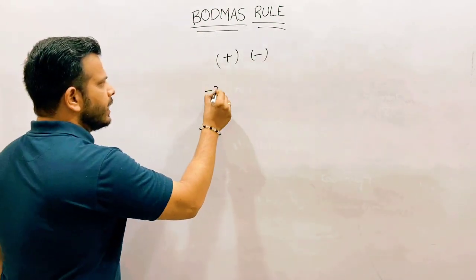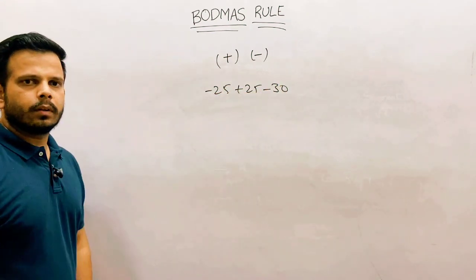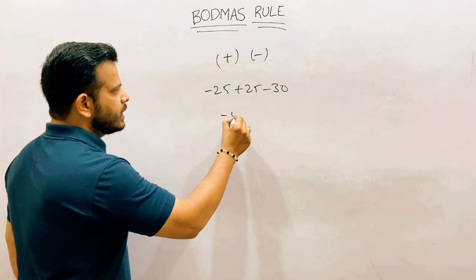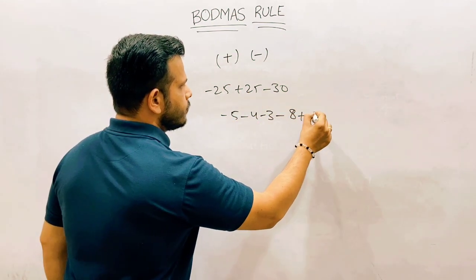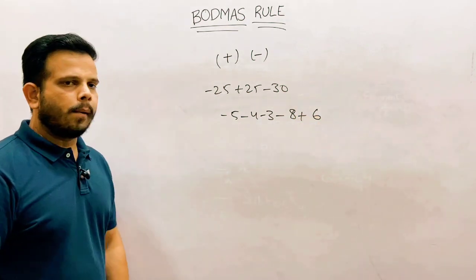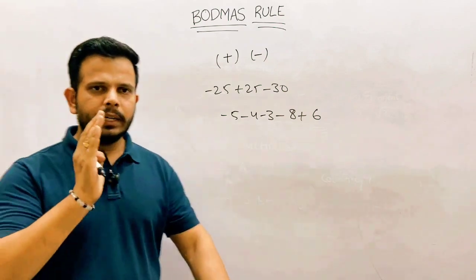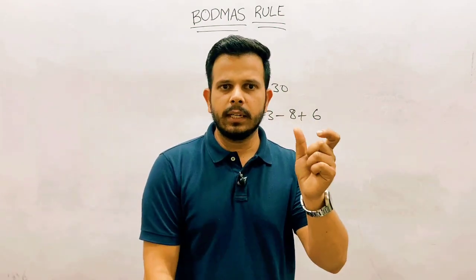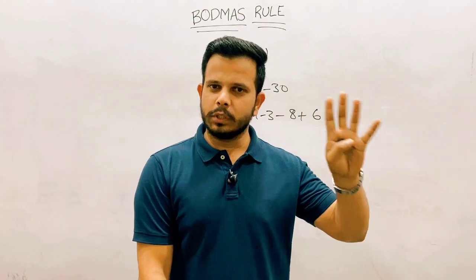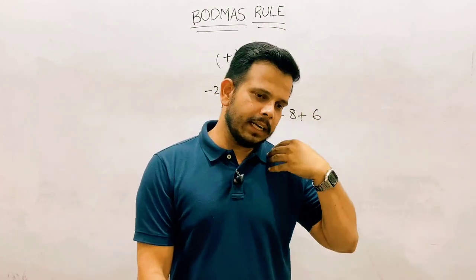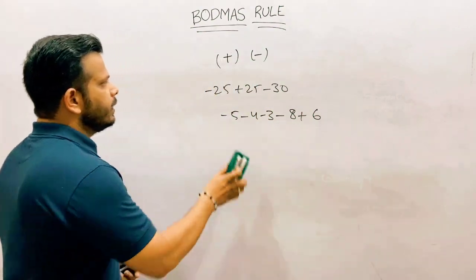If I write minus 25 plus 25 minus 30, or minus 5 minus 4 minus 3 minus 8 plus 6, dear students, don't get confused with this minus and plus. Those are not at all aliens from another planet. Those are really our friends. We really do it in our daily life.